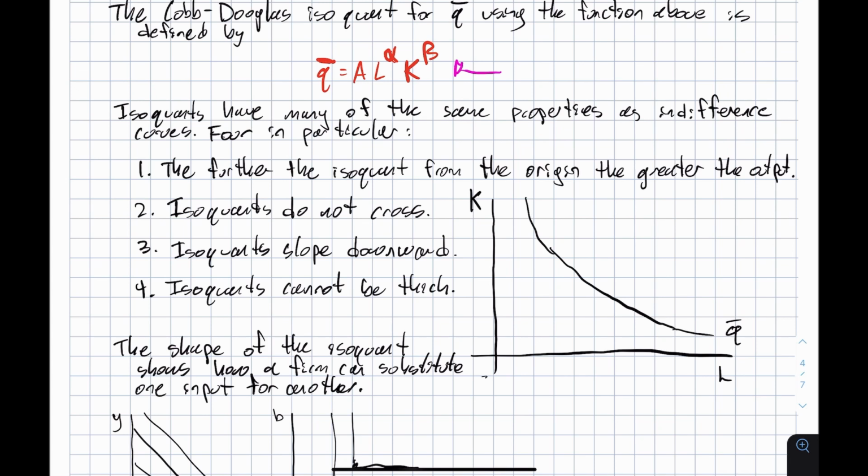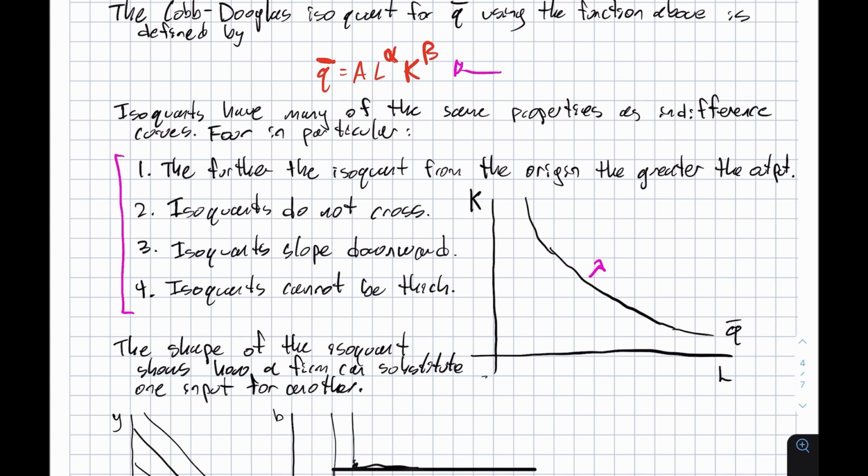And all of the standard assumptions about indifference curves also hold for isoquants. So first, when we move the isoquant farther out, it's more preferred. It's a higher quantity bundle. Second, that isoquants don't cross.